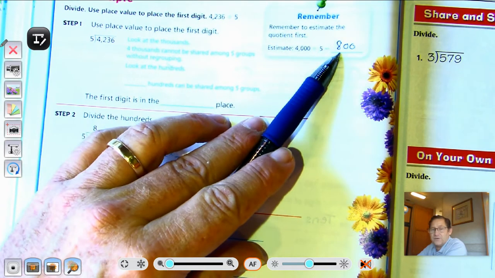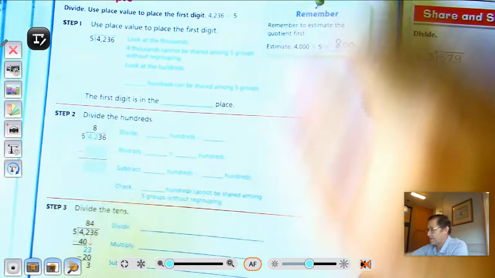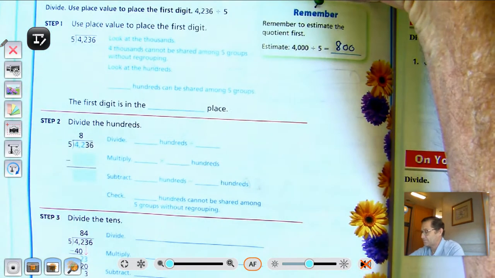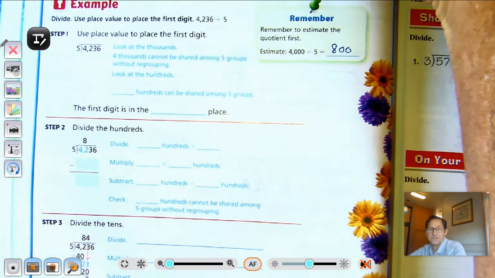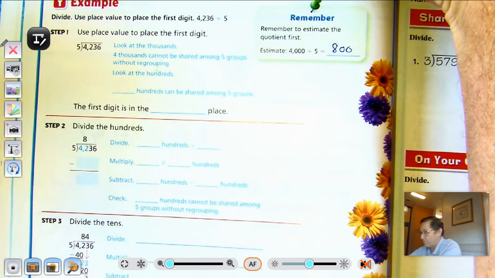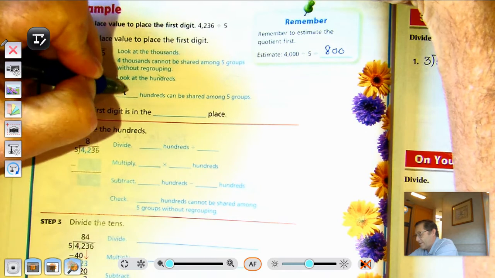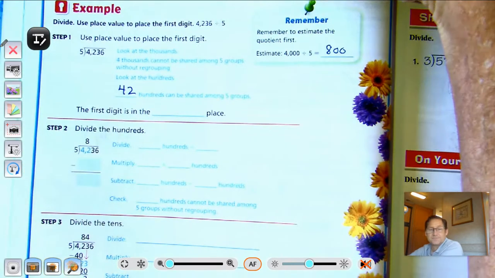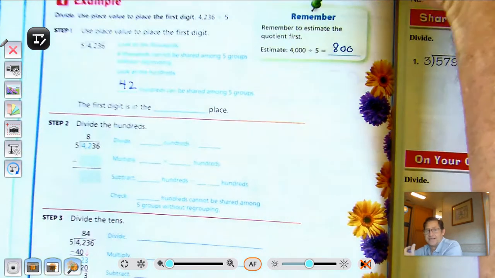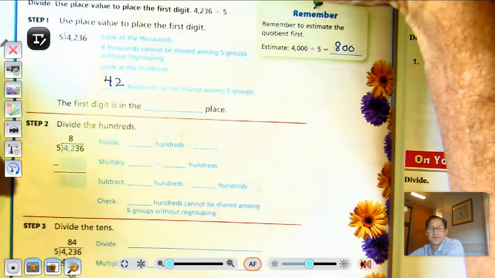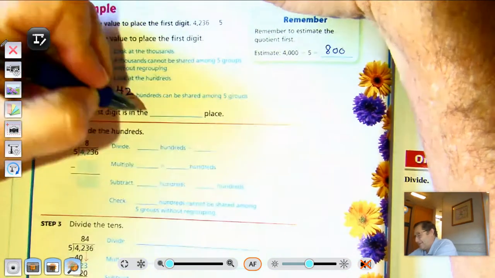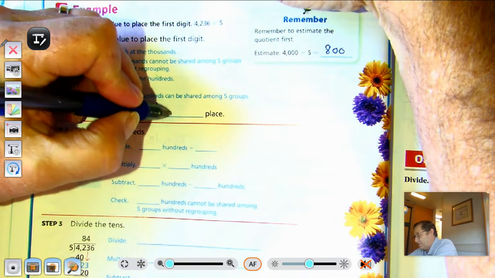So my first place value is in the hundreds. So look at the thousands. 4,000s cannot be shared among 5 groups without regrouping. So let's look at the hundreds. There are 42 hundreds because 4,200 is the same as 42 hundreds. So the first digit is in the hundreds place.